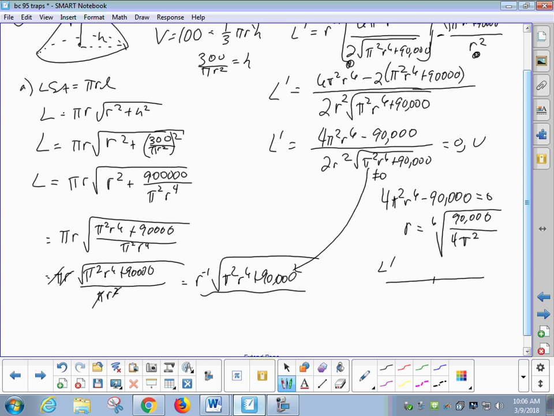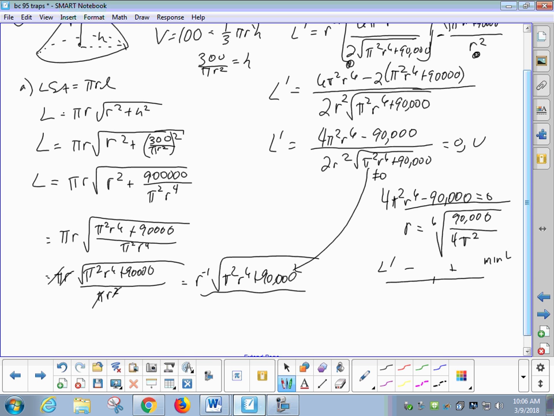In terms of what I'm looking at there, is that a minimum? Well, imagine if r was less than that. R would be small. If r was small, then this minus that would probably be a negative result. If r was big, then this would be bigger, so I'd get a positive result. So I feel like I'm getting a min surface area there. I think that is a minimum. And therefore I can finish the question.